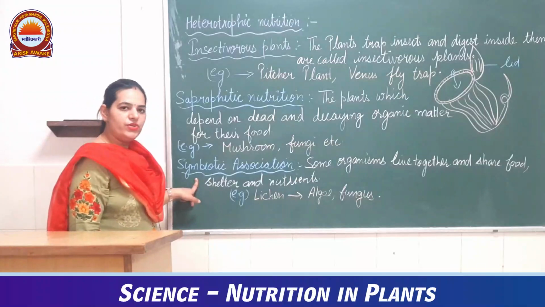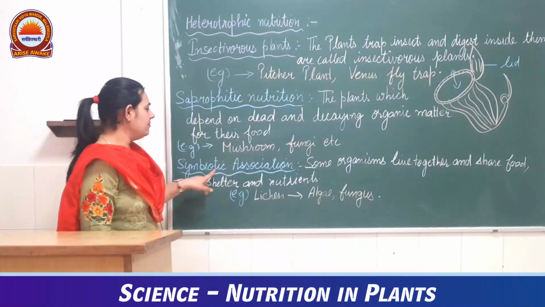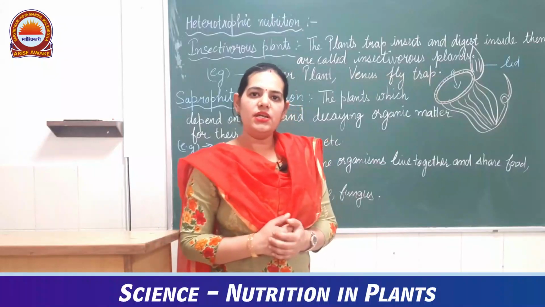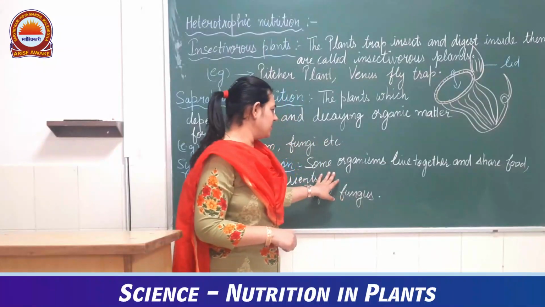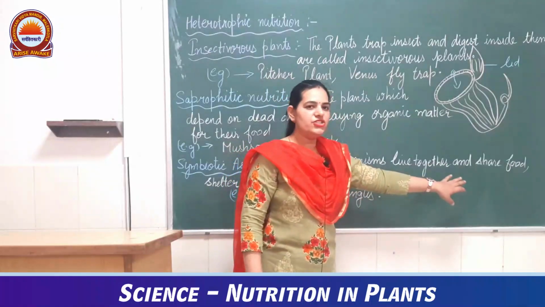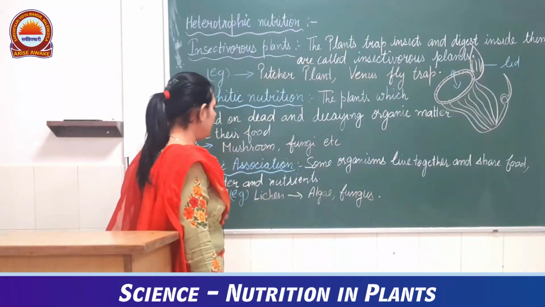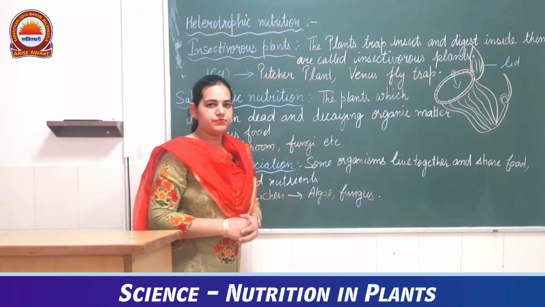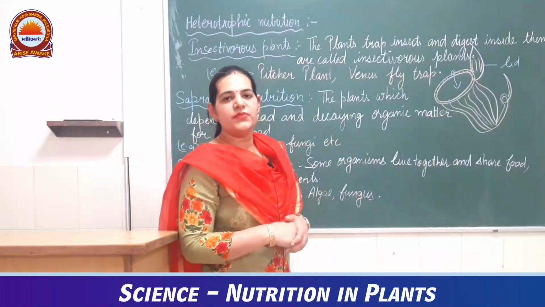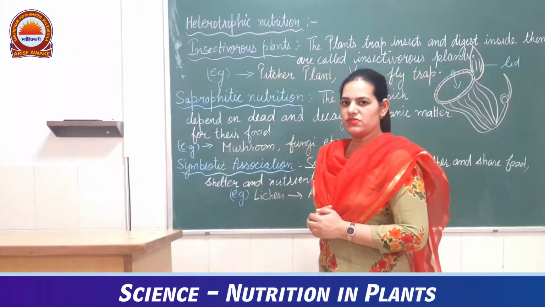And the last thing that we will discuss today is symbiotic association. Symbiotic association means some organisms live together and share food, shelter and nutrients. Lichen is one of the most common examples of symbiotic association.